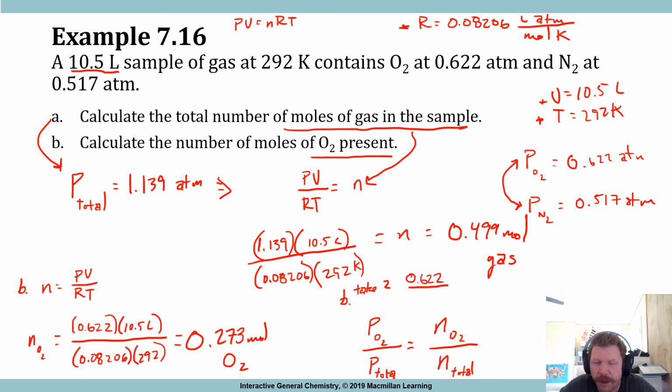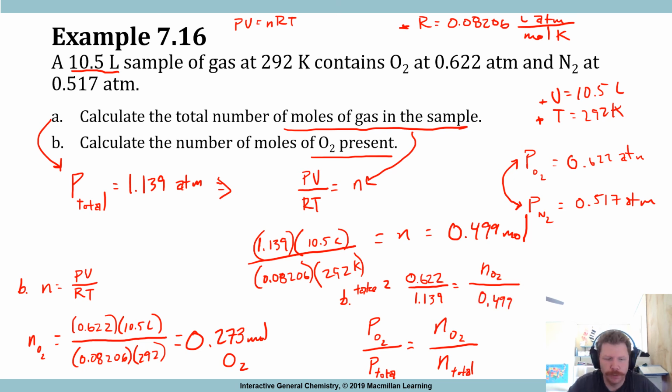0.622 divided by, well, do I have the total pressure of my system? I do. It's 1.139. This is equal to number of moles of O2, which I don't know. But do I know the total number of moles of gas in my sample? I do. I solved for that earlier, 0.499.